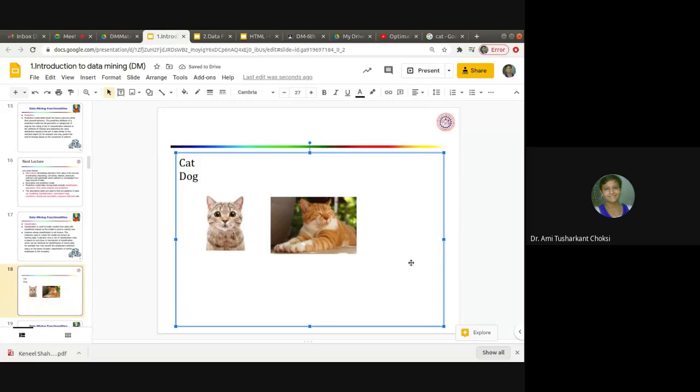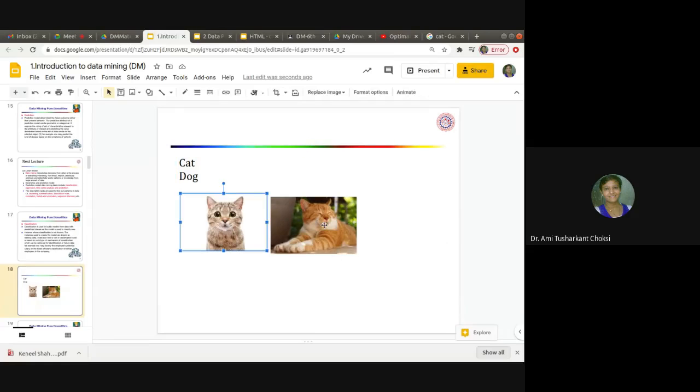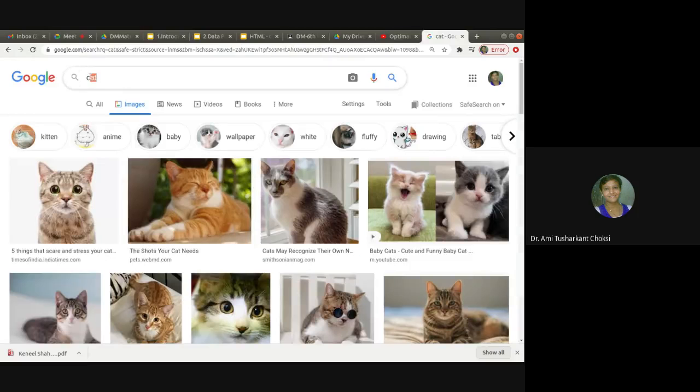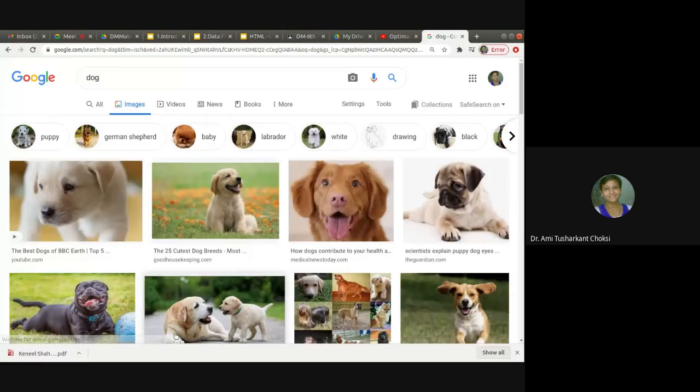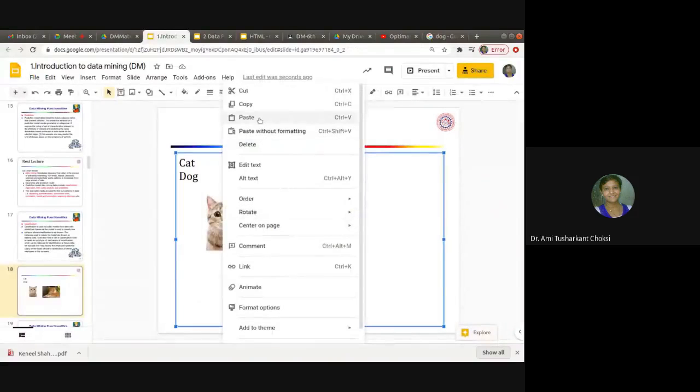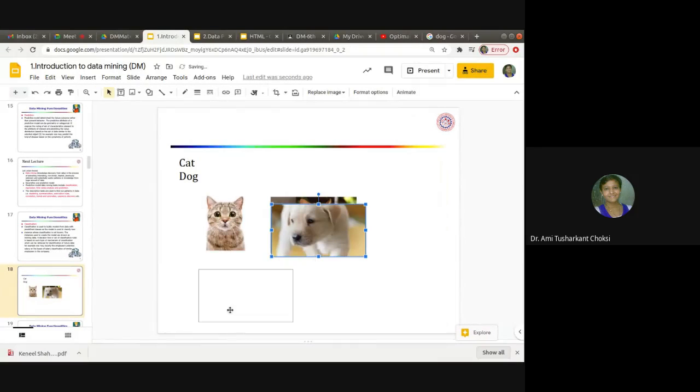So what is given? That is, say, these two images and many more are there. For them, it is given that this is a photo of a cat. And for dog also, we are having something, that is, some images are there. So let me put it here. Say for dog, here it is given.